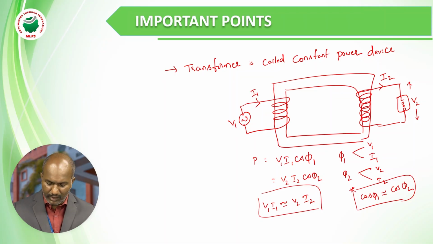See, losses are definitely there in a transformer. Input power is never exactly equal to output power, because there are some losses. But if we neglect losses or treat losses as very small, then I can say that input power is equal to output power.